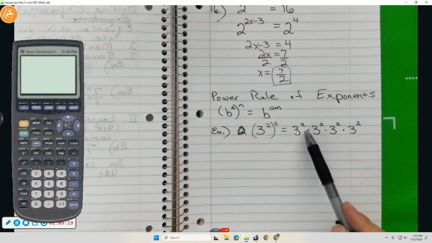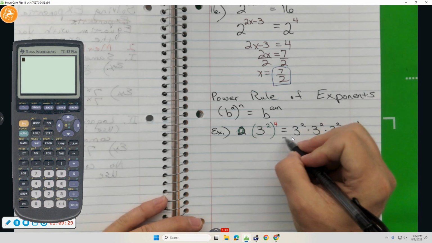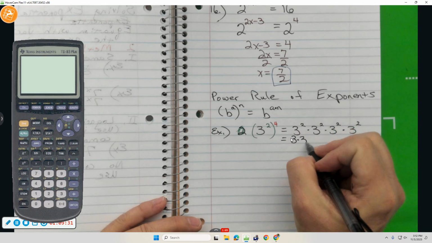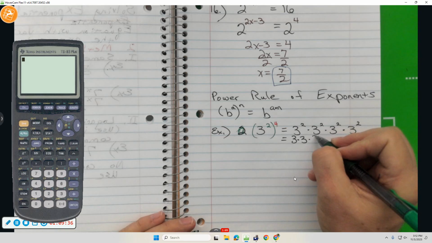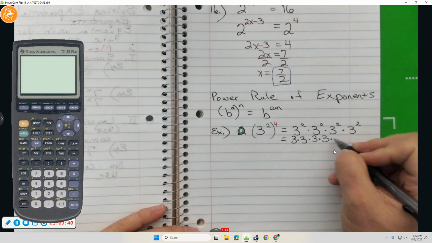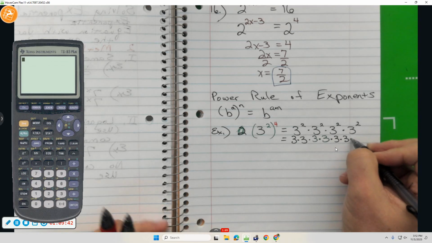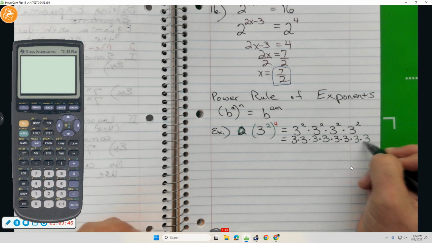What does that little exponent 2 there mean? How many factors of 3 do we have in that one little expression? 2. That's 3 times 3. Another 3 squared, that's 3 times 3, and so on for each one.